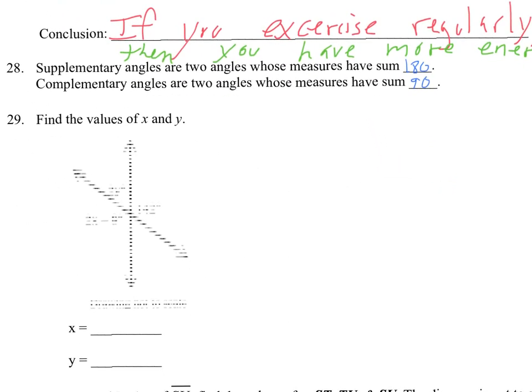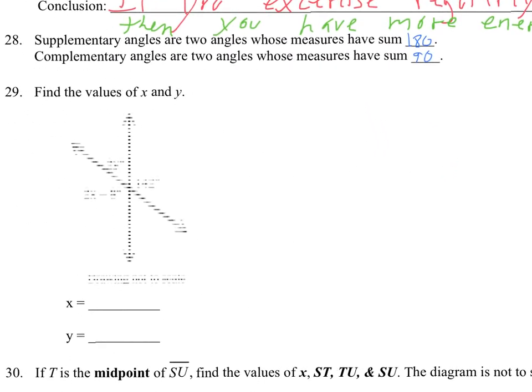Alright, let me kind of draw this in for you on number 29. Picture didn't show up so nice. See if I could fill in everything we need here. We have 2y here, we have 142 here, and 2x minus 8 here. Find the values of x and y.